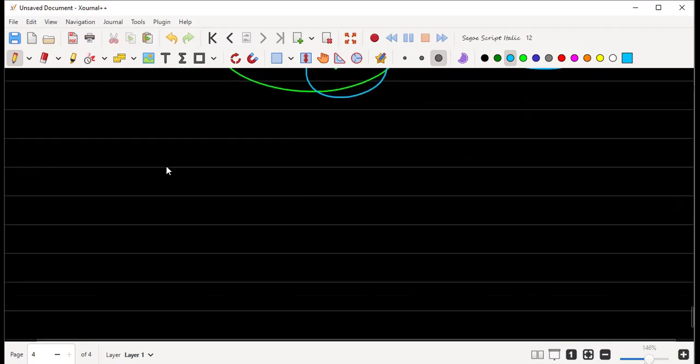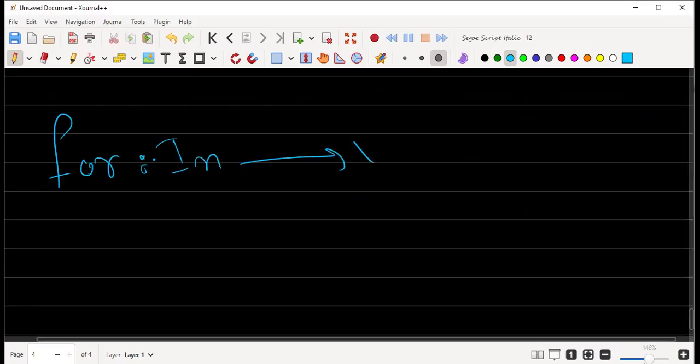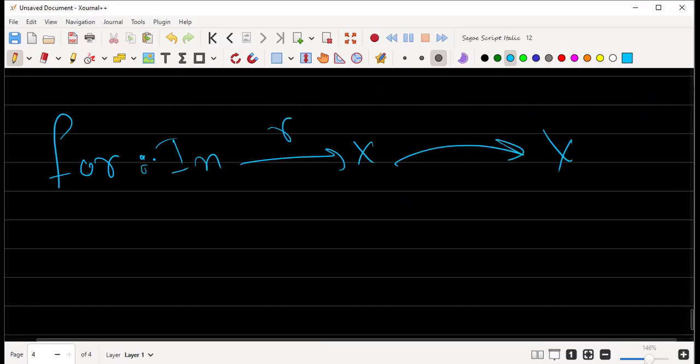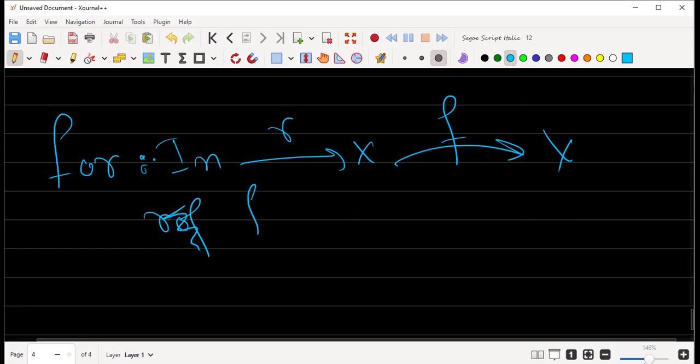Now what do we do? If we compose, f compose gamma, this goes from I_n to X to Y. Here from I_n to X we have gamma, and from X to Y we have f. So this is f compose gamma.